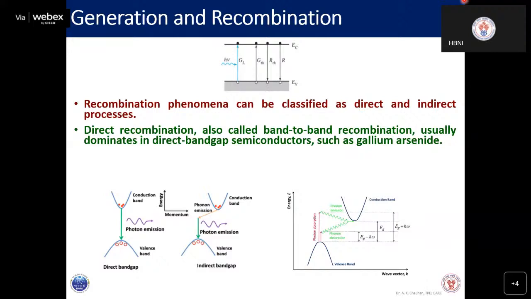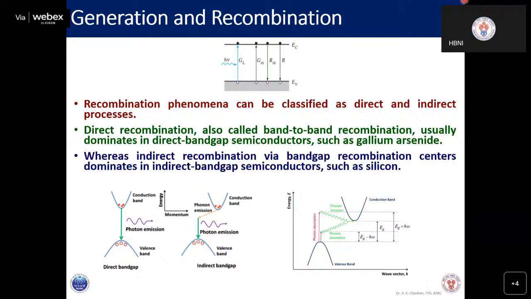So both photons and phonons are involved in this process. As I said, indirect recombination via recombination centers dominates in indirect band gap semiconductors. The two most important semiconductors are gallium arsenide and silicon. Silicon is an indirect band gap material and gallium arsenide is a direct band gap material.